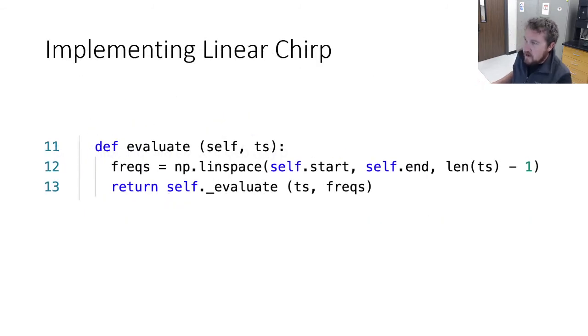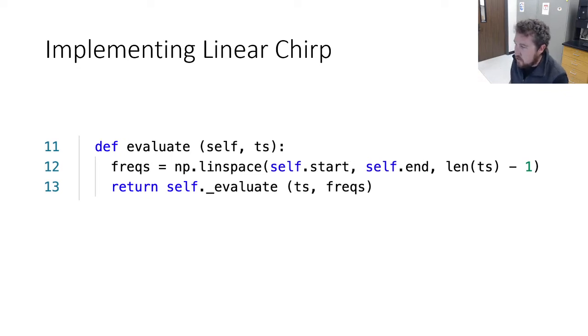Next up, there's a function that the signal class needs called evaluate, where we actually lay out the signal that we're going to put out there. All this has here is frequencies, which is just a linear linspace that starts at the beginning and ends at the end. So it starts at 440, ends at 880, and its length is the length of whatever the wave is that we're creating minus 1, so 1 less than the length of our signal.